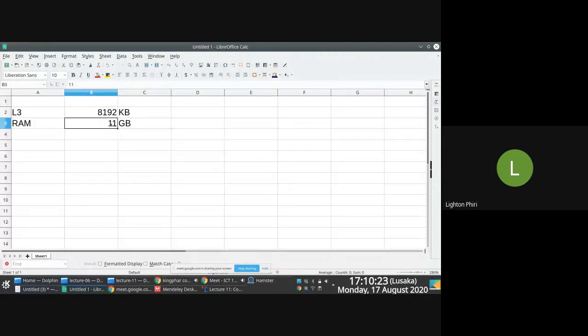Converting this to megabytes, and megabytes to kilobytes, what we have is 11,534,336 kilobytes of RAM, right?